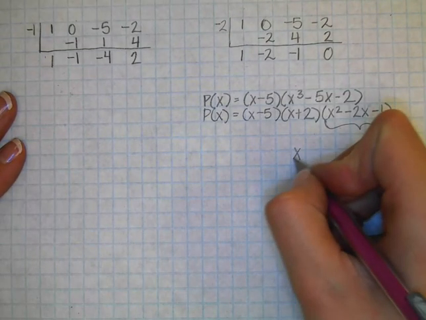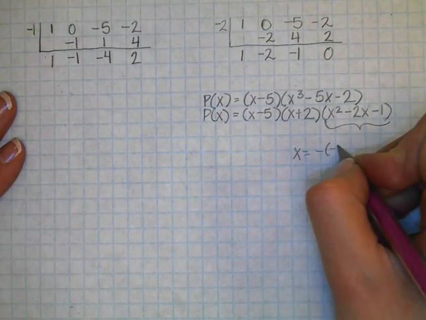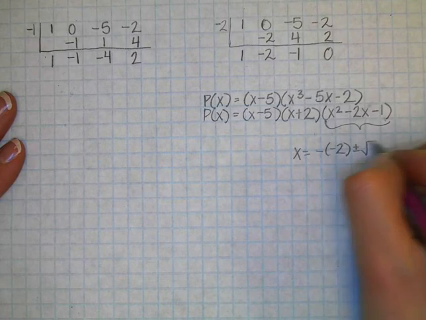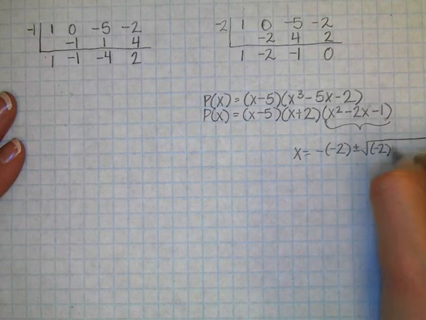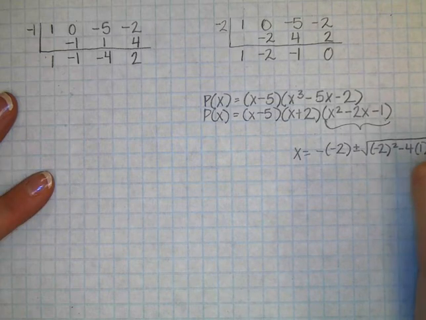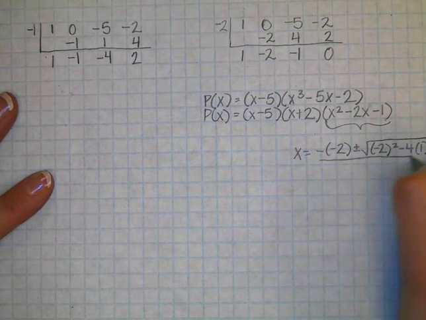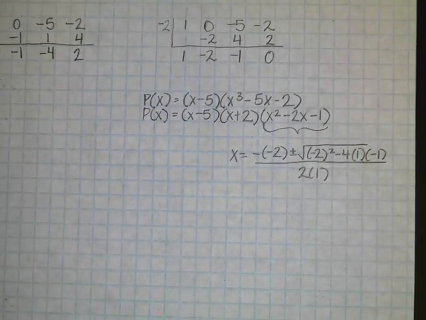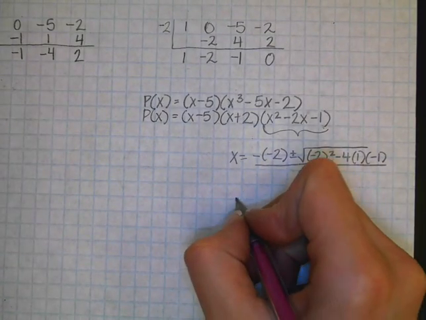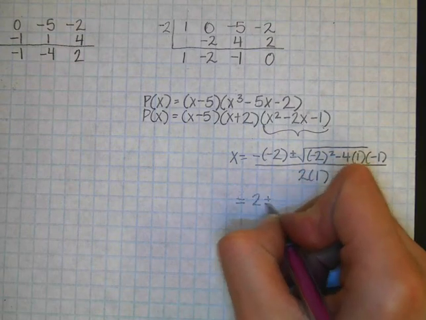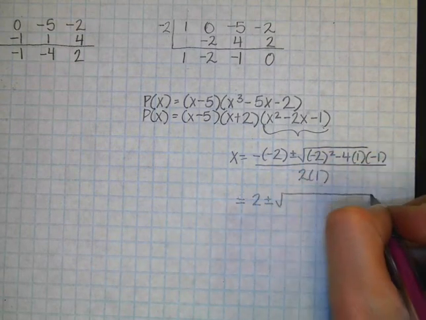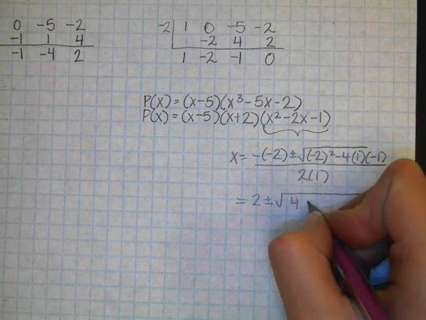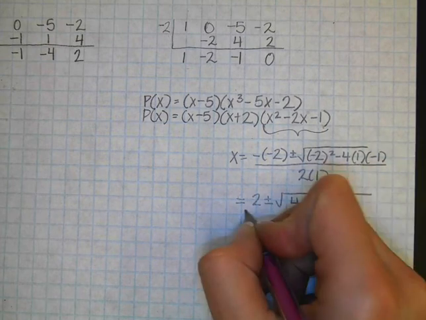So x equals negative b plus or minus the square root of b squared minus 4 times a times c all over 2 times a. Going off the screen again. So we get 2 plus or minus the square root of 4 plus 4 all over 2.